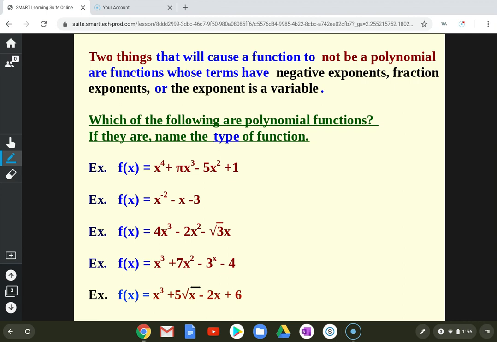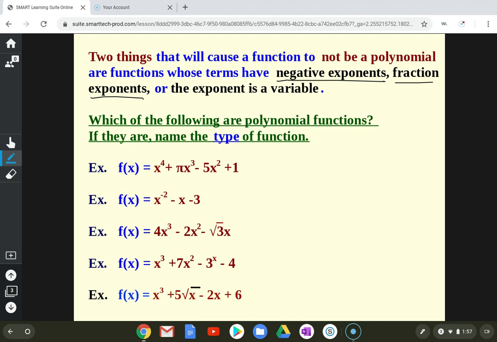They cannot be negative and they can't be fractions. Fraction exponents include things like the square root of x, because that would be x to the 1/2 power. So no negative exponents, no fraction exponents.